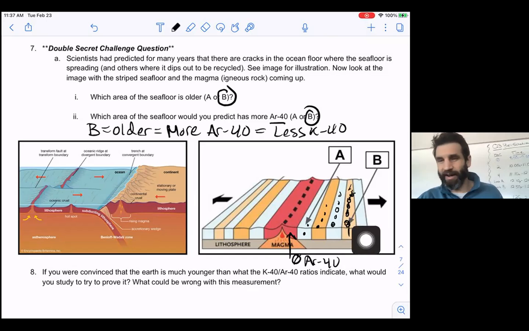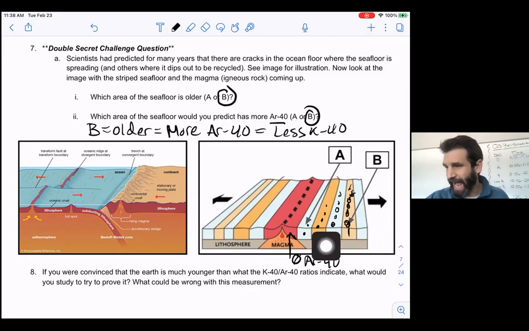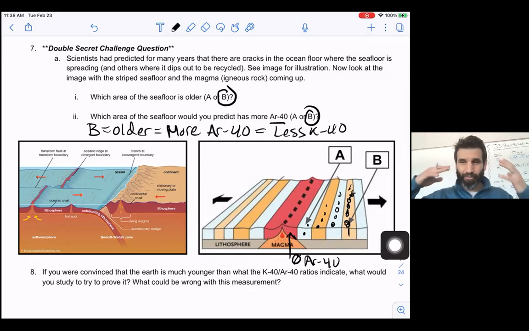So the amount of argon matches what they would have predicted for the rate of continents moving, which matches the rate that they've seen for the magnetic poles flipping, which is what's actually indicated by these stripes here. So this is a really well-established, confirmed method.